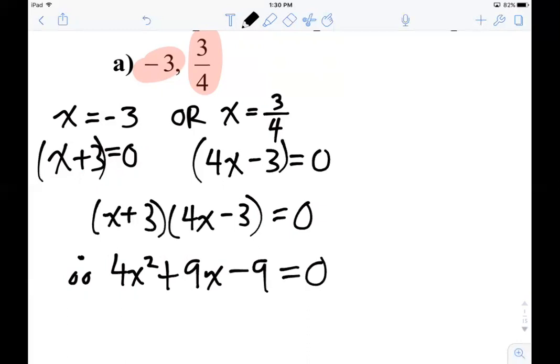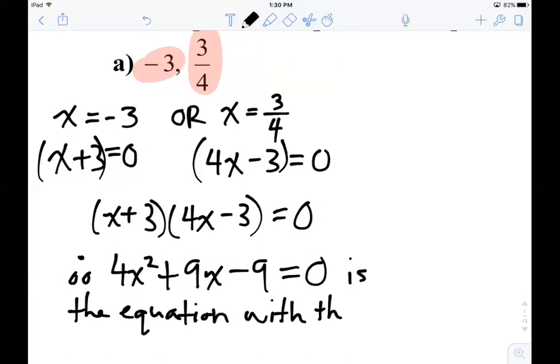So therefore, that is the equation with the given roots. With roots, again, just meaning solutions.